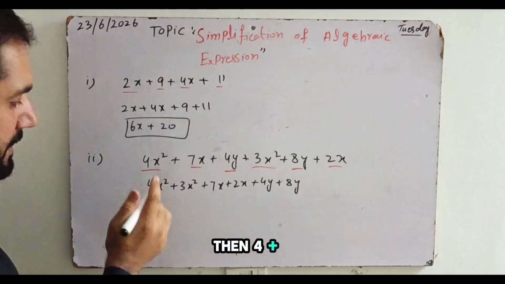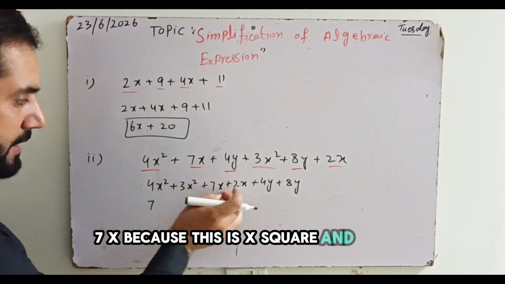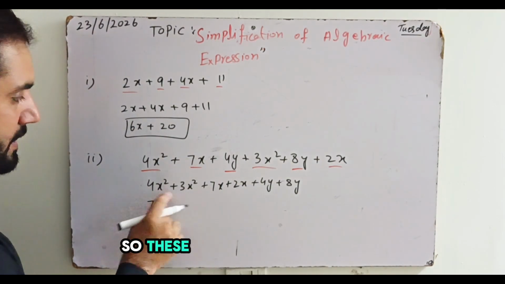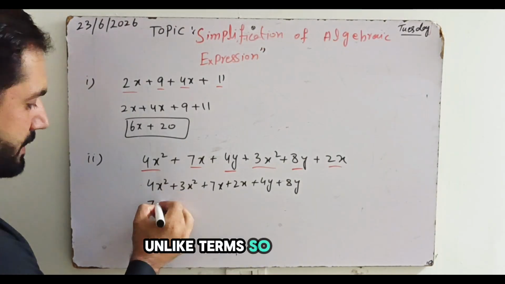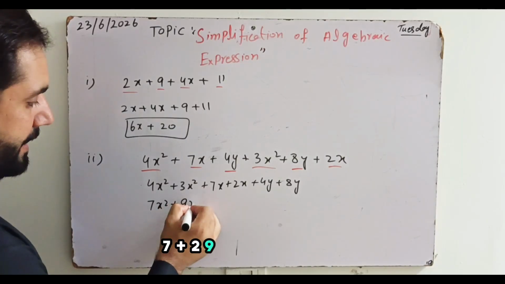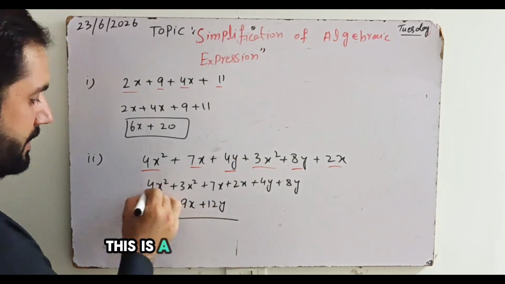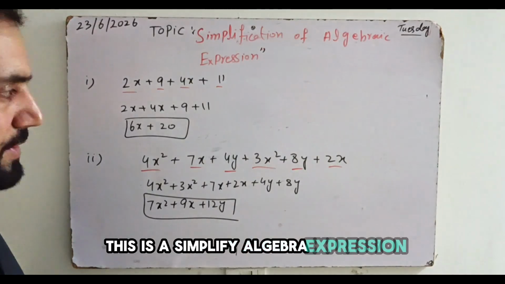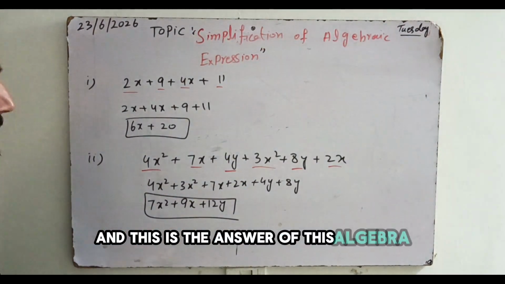Then 4 plus 3, 7x square, because this is x square and this is only x, so these are different terms, unlike terms. So 7x square, 7 plus 2, 9x, and 4 plus 8, 12y. This is a simplified algebraic expression, and this is the answer.